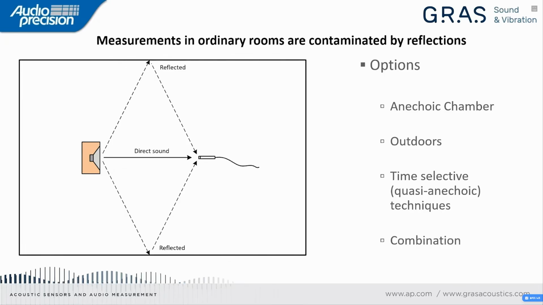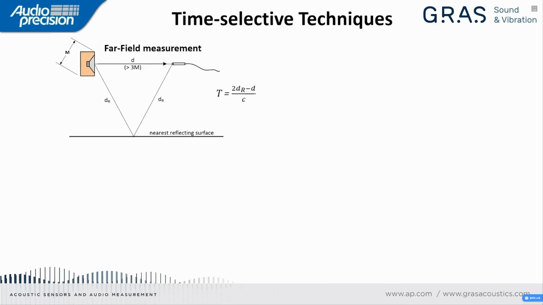So if we look at the time selective techniques, our traditional far field measurement is based on a calculation where the maximum dimension of a loudspeaker, represented here by the M, and the far field has to be greater than 3 times that dimension.